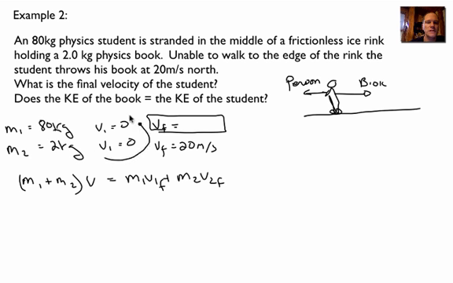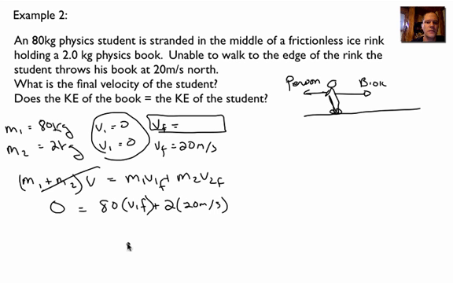Since they're not moving initially, this whole side goes to 0. So we have 0 is equal to 80 times v1 final plus 2 times 20 meters per second. So if we subtract off, we have a minus 80 v1 final is equal to 40 kilogram meters per second.